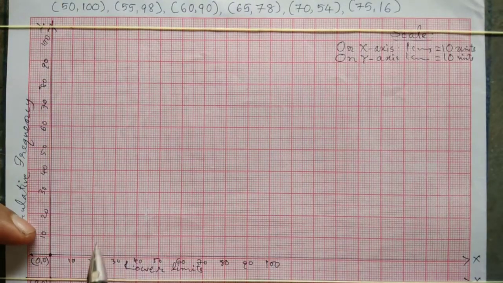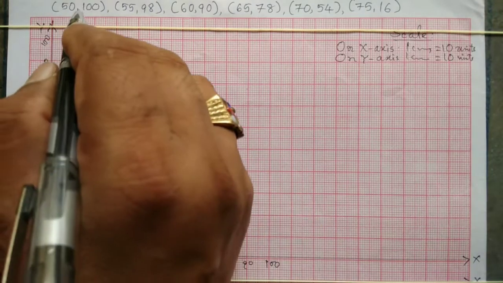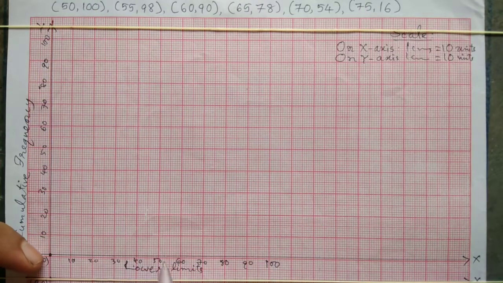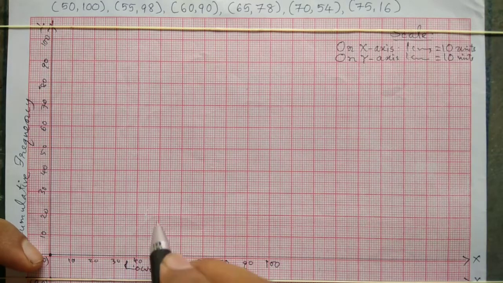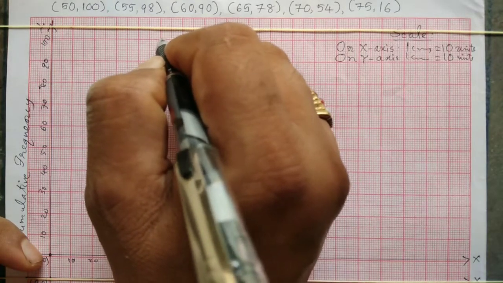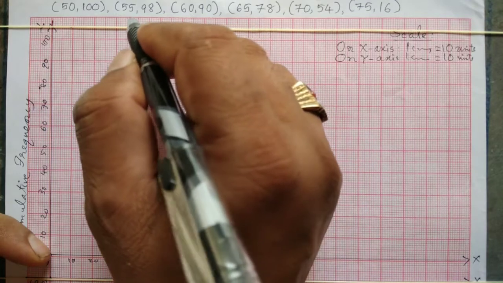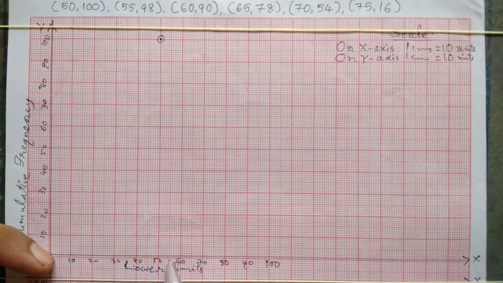Here first 50, 100. So the point is here. 50, 100, 55, 98.